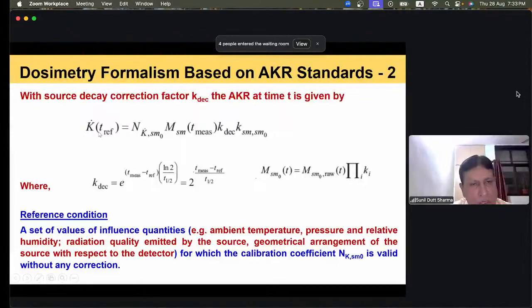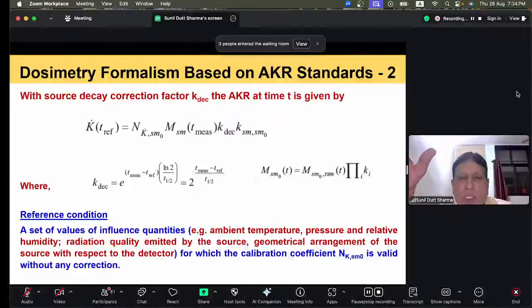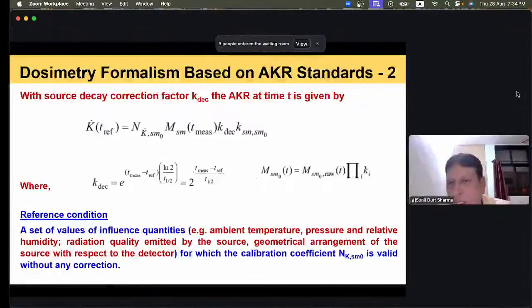Sometimes, for example, if we are calibrating an instrument and the environmental condition of the calibration room is 22 degrees Celsius or 24 degrees Celsius, we do not force the cooling system to maintain the temperature. Rather, we do the measurement at the given temperature. And then after calculation, we project this measurement to the standard temperature and pressure, whatever is recommended for quoting the calibration coefficient.